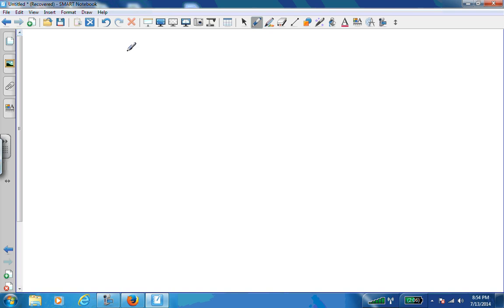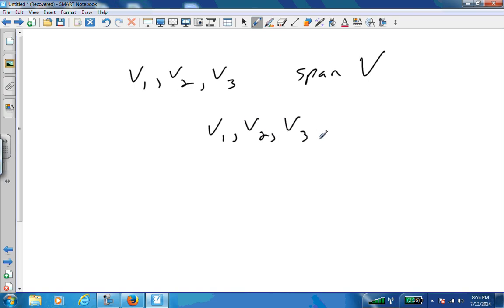Also, one of the theorems, or something that you may read in here, is that if we have a set of vectors, if these vectors span V, then if we were to come in and add another vector with them, then that will also span V, which makes sense.